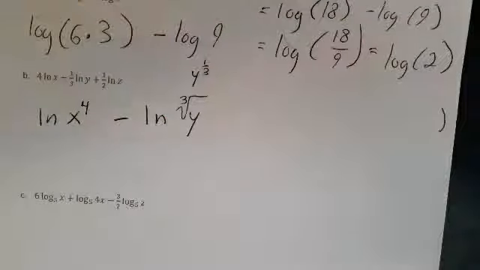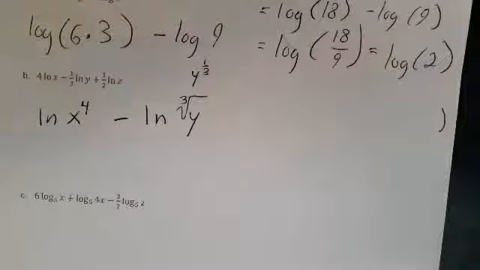The next thing is to do these things PEMDAS, left to right. And this one, I believe, if you do the addition before you do the subtraction, it will definitely not be the same, I'm pretty sure. So this is ln x to the 4th minus this.